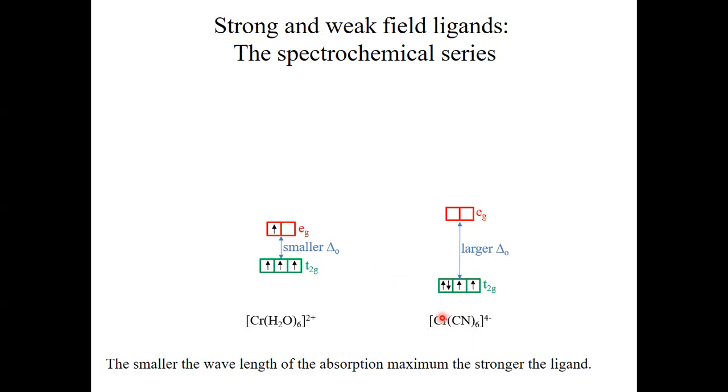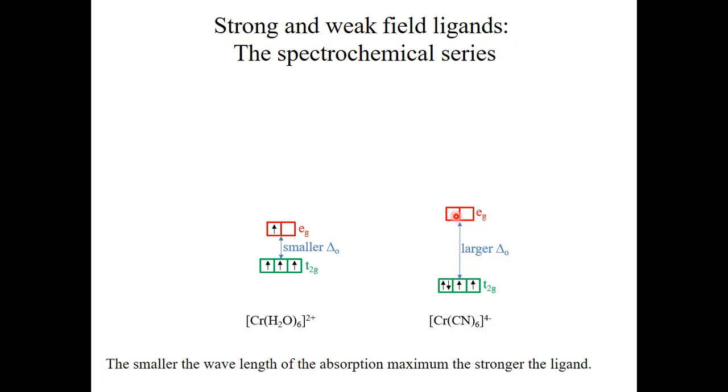Whereas, for instance, when we have a hexacyanochromium 4- complex, we have a low spin complex because we have significantly larger delta O, but it now requires more energy in order to promote an electron from a t2g orbital into an eg orbital.